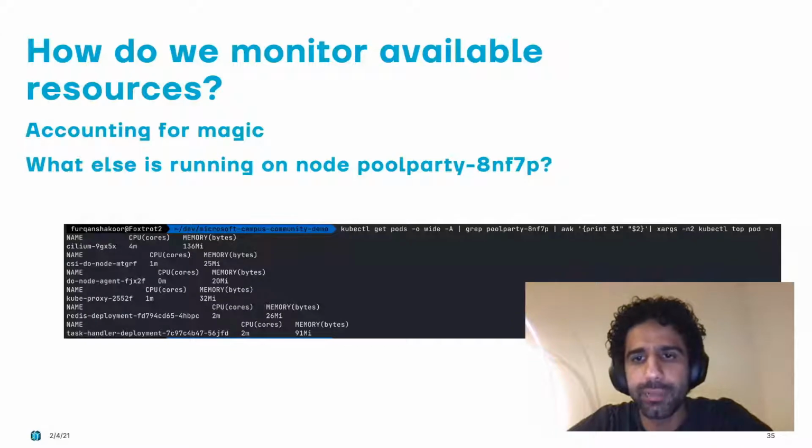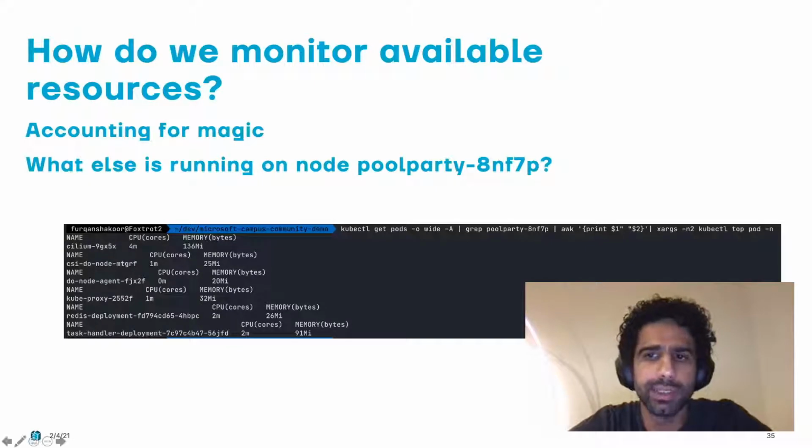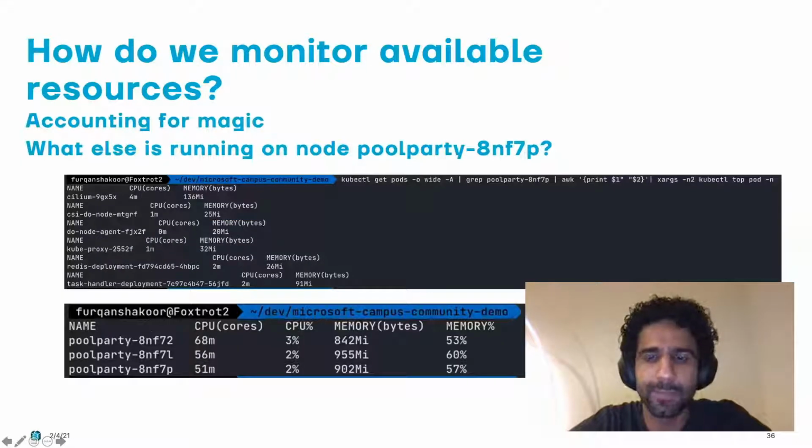And then I use AWK to extract two different columns from the output, 1 and 2, which are basically the namespace and the pod name itself. And then I use xargs to pass those extracted columns as arguments to this command, kubectl top pod, this command we just learned.